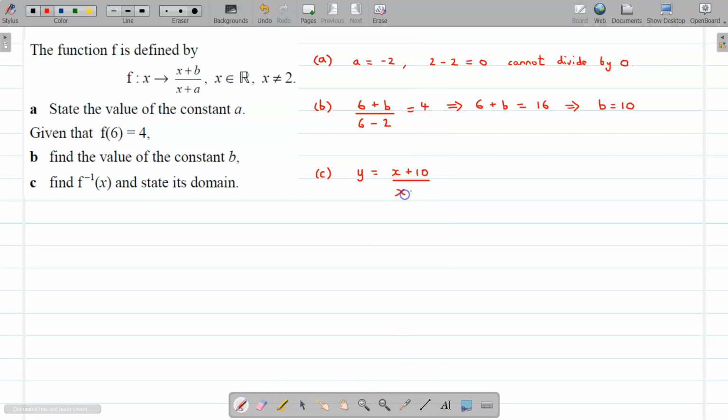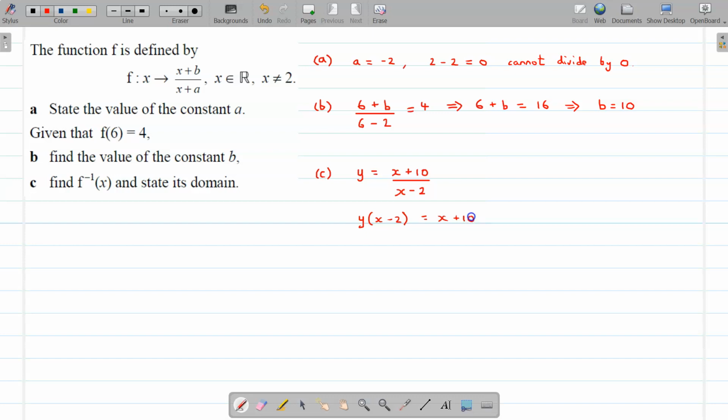What we have to do is rearrange this formula and find an expression for x in terms of y. So if we multiply both sides by the denominator, we get y times x minus 2 must equal x plus 10.